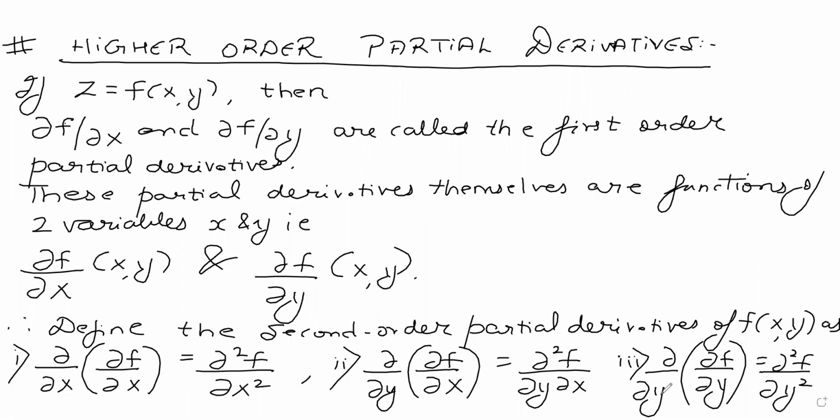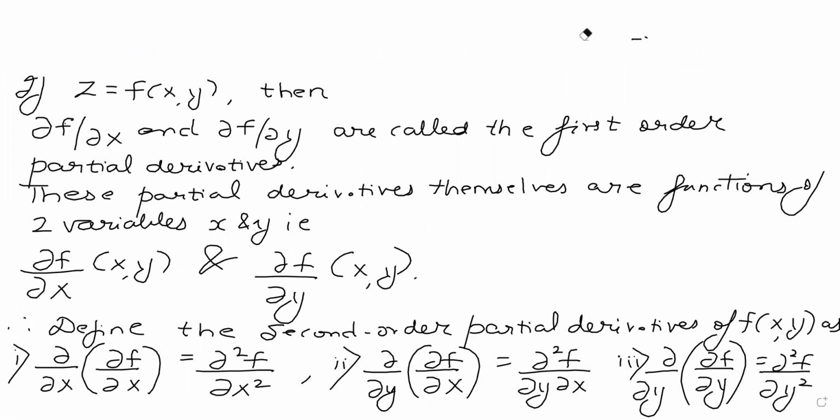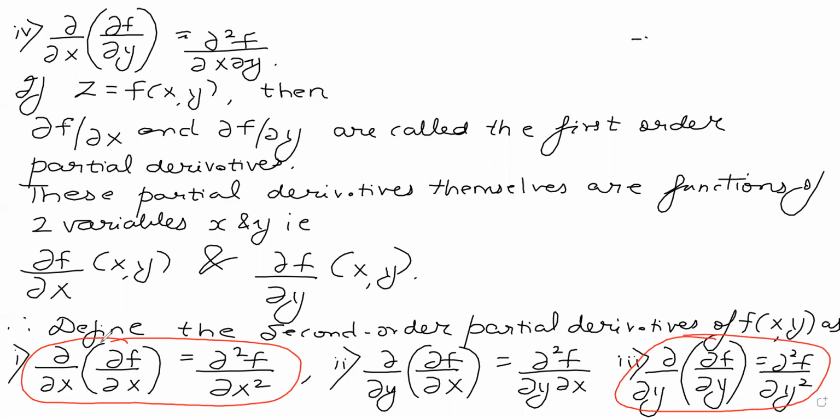And the fourth one I am writing on the top, erasing the initial part. So the fourth one, del f by del y, if I partially differentiate with respect to x, I get del square f upon del x del y. Now this derivative and this derivative are called the direct second order derivatives.